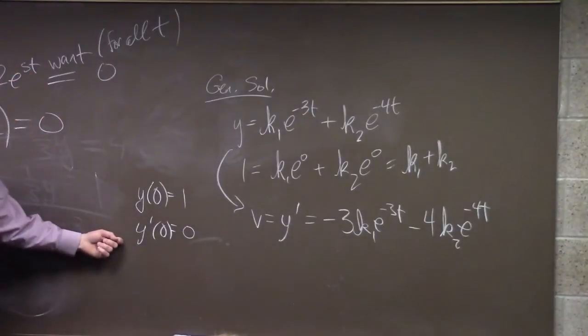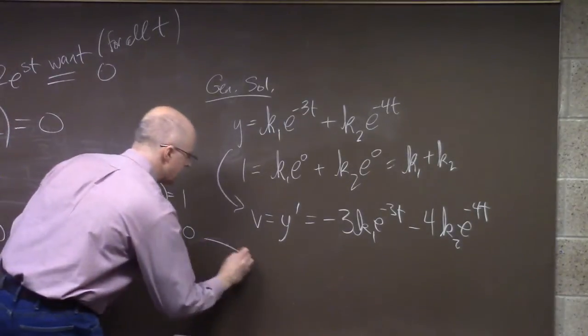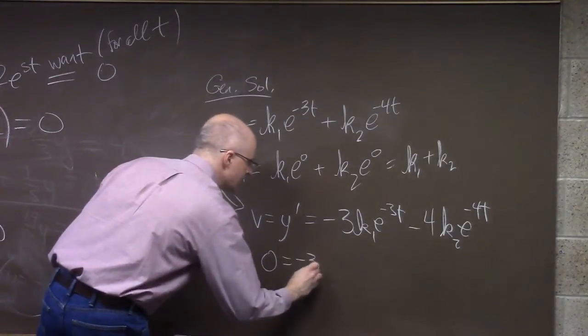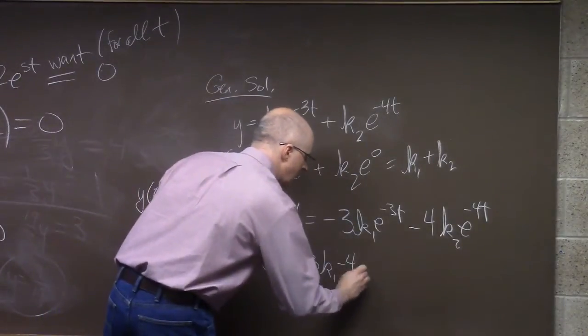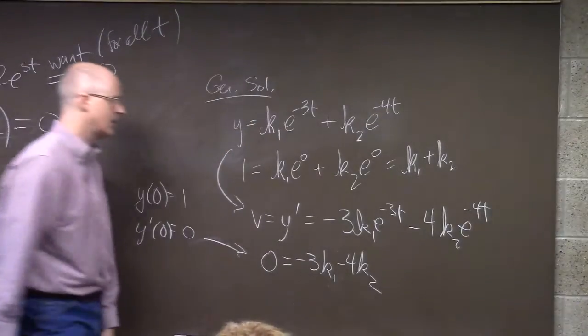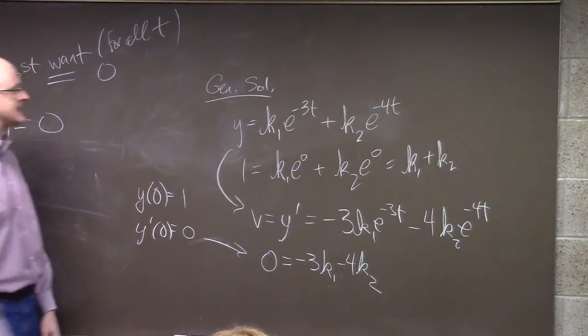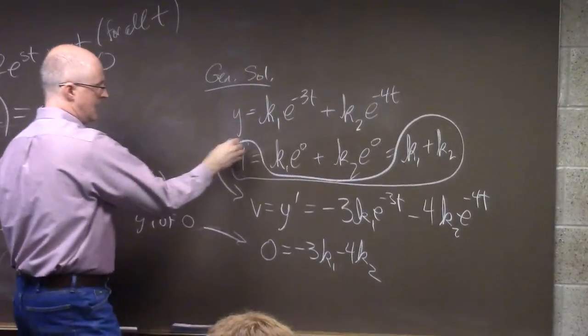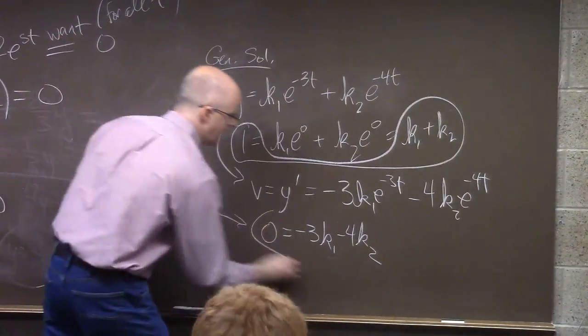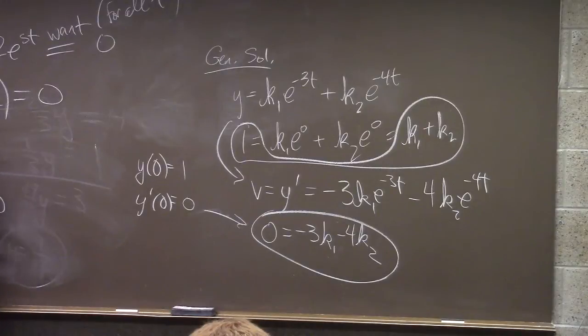And the fact that y prime of 0 is 0 now implies 0 equals -3k1 e to the 0, which is 1, minus 4k2 e to the 0, which is also 1. And your system of algebra equations to solve for k1 and k2 now includes that one and this one. And that'll give you a unique solution to the initial value problem.